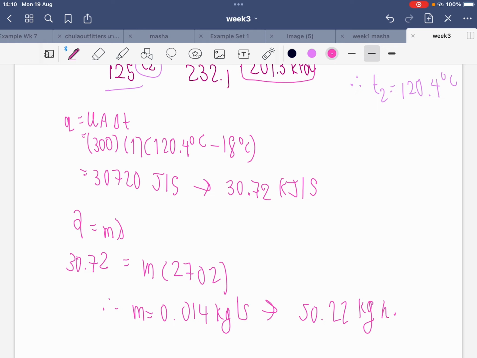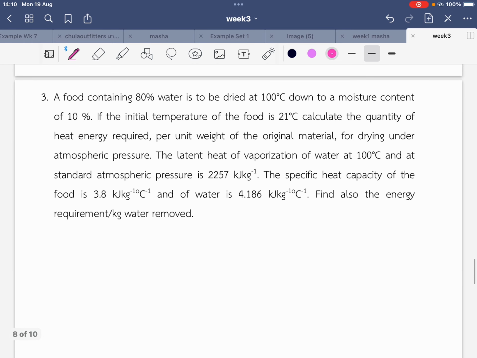Moving on to the third one. A food containing 80% of water, dried to a moisture content of 10%, and the initial temperature of the food is 21. Calculate the quantity of heat energy required.